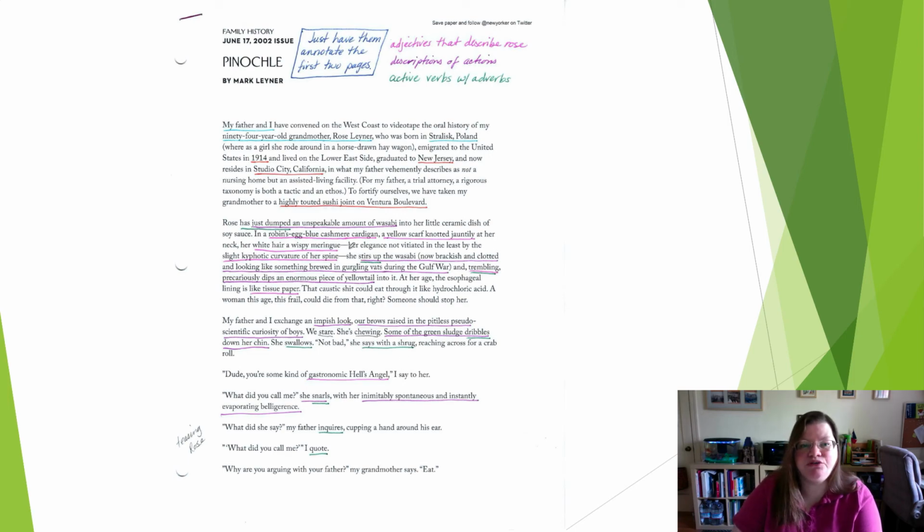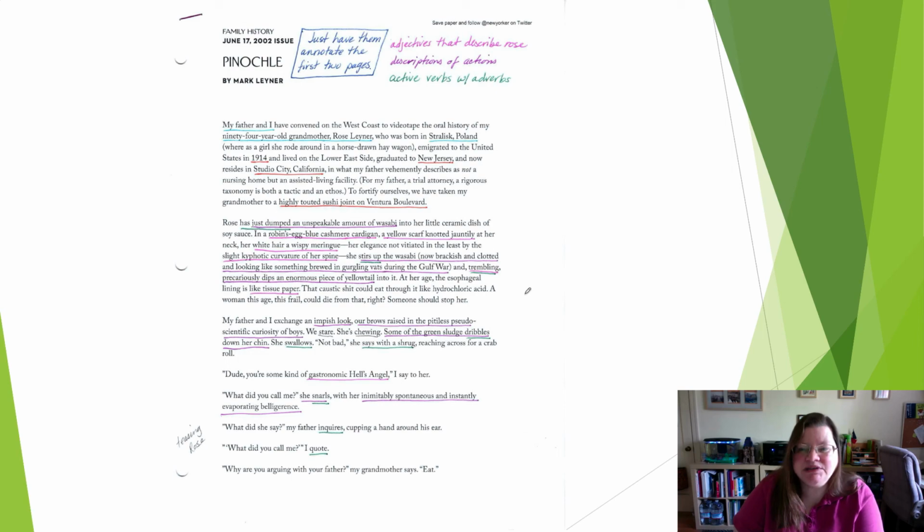And so when you look at the description of his grandmother that he's describing here, he talks about the fact that she's in a robin's egg blue cashmere cardigan, as opposed to just saying a blue cardigan, a yellow scarf knotted jauntily. So looking at the adverbs and adjectives there, trembling, swallows, says with a shrug, dribbles, snarls, inquires, quotes.